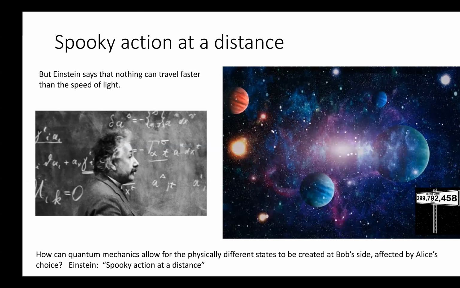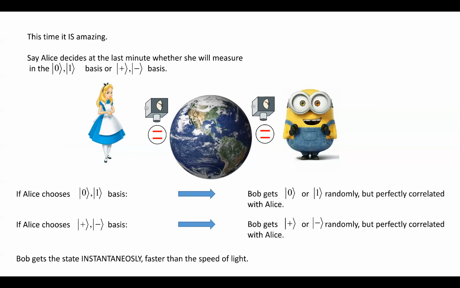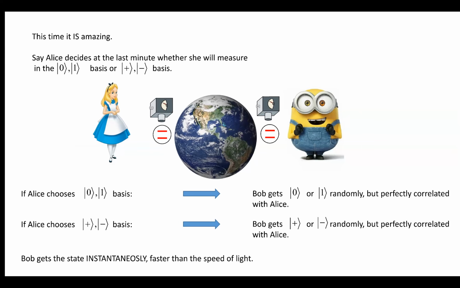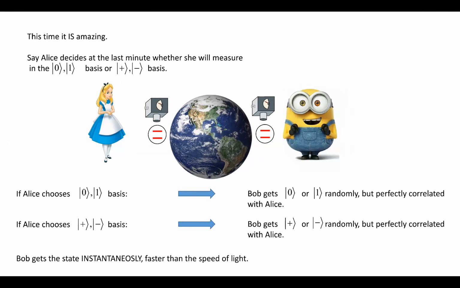What I just told you is that, depending on what Alice does, measuring in the 0, 1 basis or the plus minus basis, this will affect the state of Bob, and it happens instantaneously.